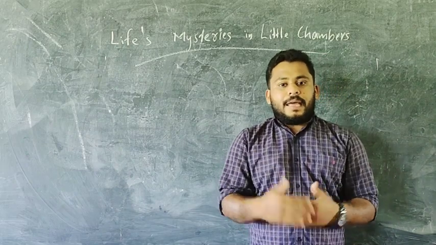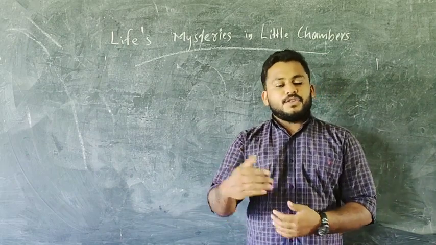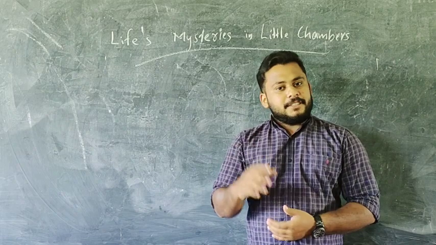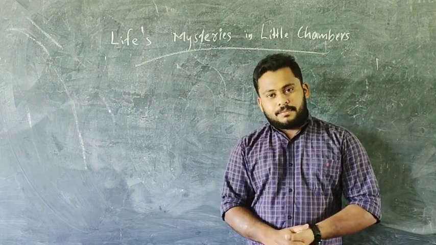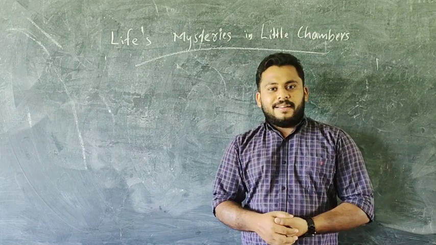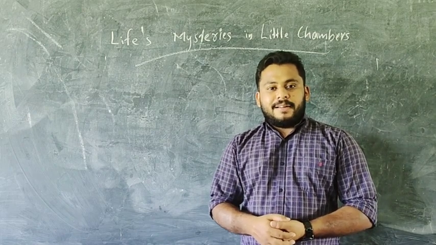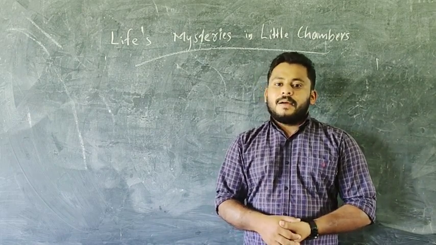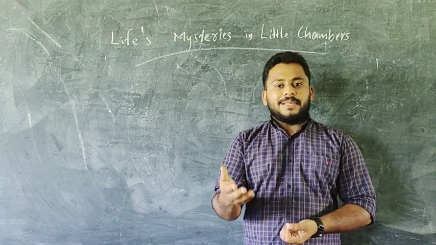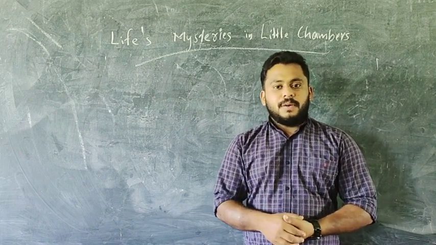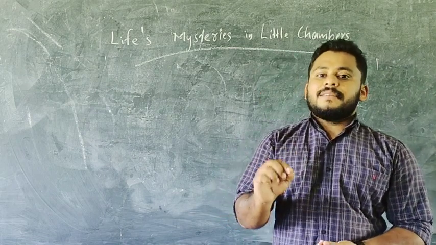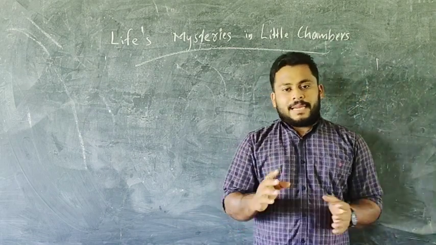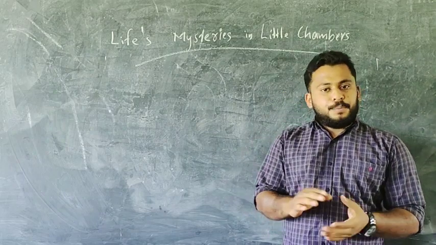Now we want to clarify the functions of these parts. The first one is the eyepiece. Simply we can understand the need of the eyepiece: we want to observe the object through this eyepiece. And the second one is knobs.